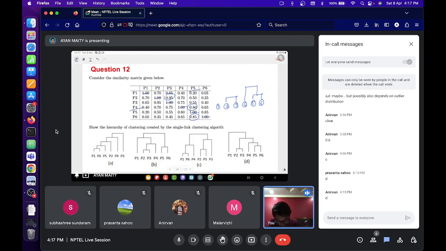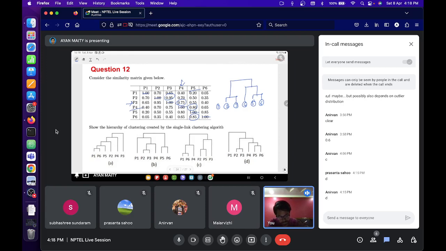The next highest value is 0.75, the similarity between 3 and 4. 4 is part of the cluster 4, 5, 6, and 3 is part of the cluster 2 and 3. So these two would merge.